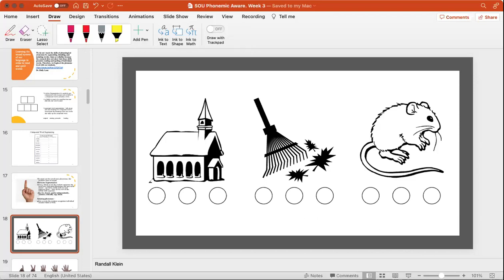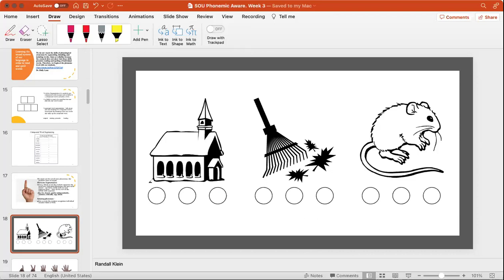And if you were doing rake, you'd slip a marker up and say a. The markers are a substitute for putting your fingers up. But this is a website, and the man's name is Marshall Klein, and he just puts really good stuff free onto his website, and you download it and you can work with it with your students.